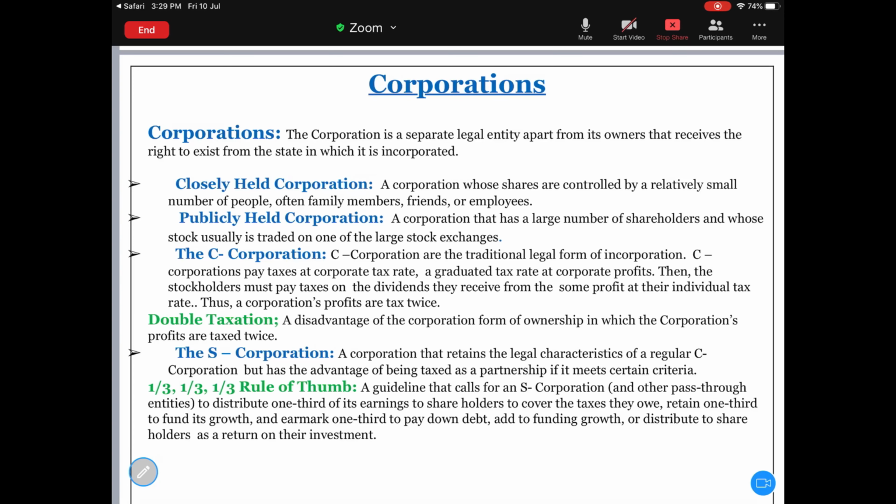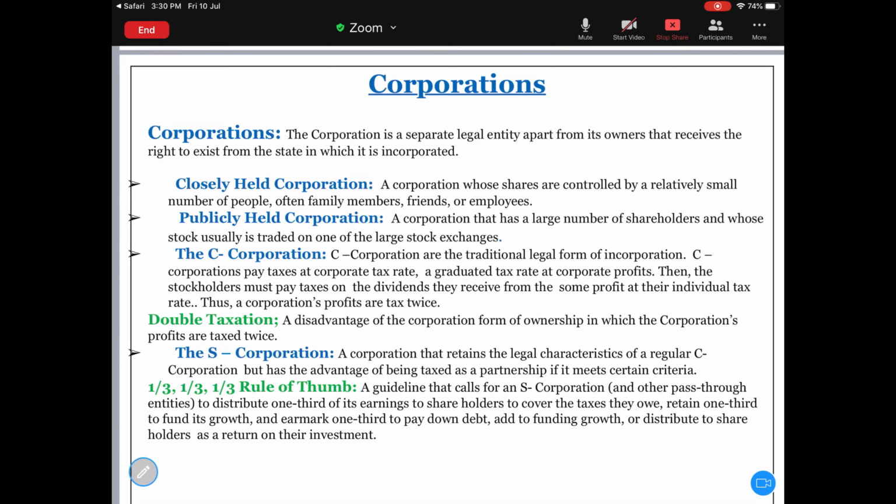C corporations are usually those big corporations which sell their shares in the market, and generally they have government and public representation. These companies, or C corporations, have one disadvantage, that is the double taxation policy.